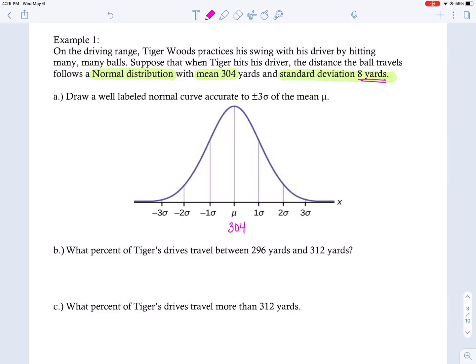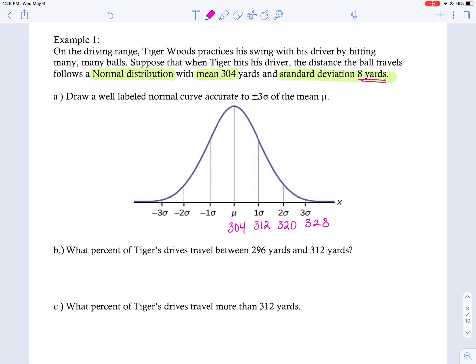So if I want to go above, 1 standard deviation above would be 312 yards. 1 standard deviation above that, which would be 2 standard deviations from the mean, I would just add another 8, would be 320 yards.